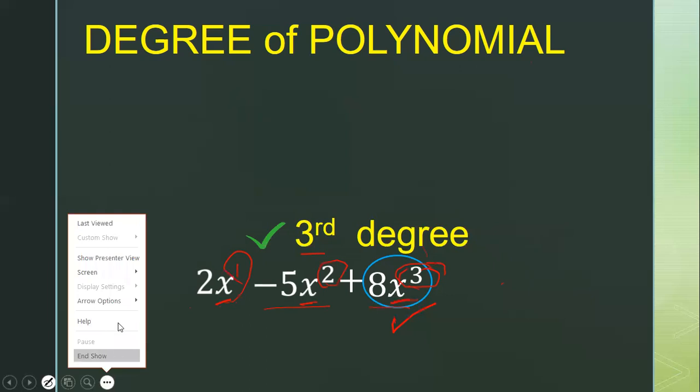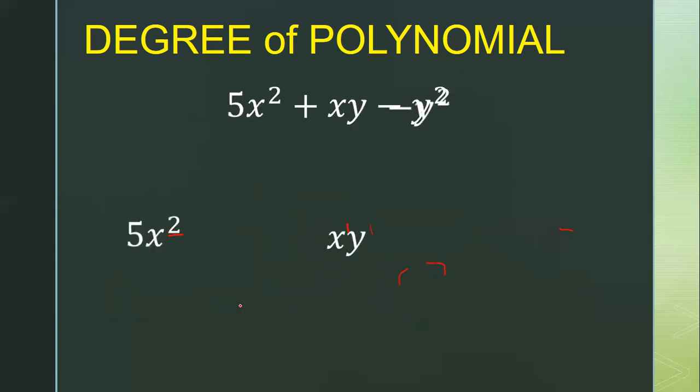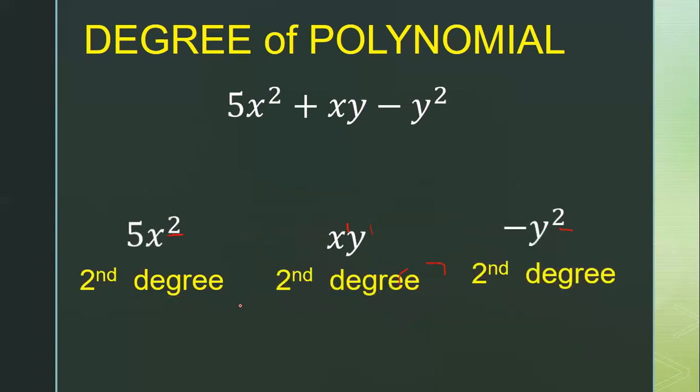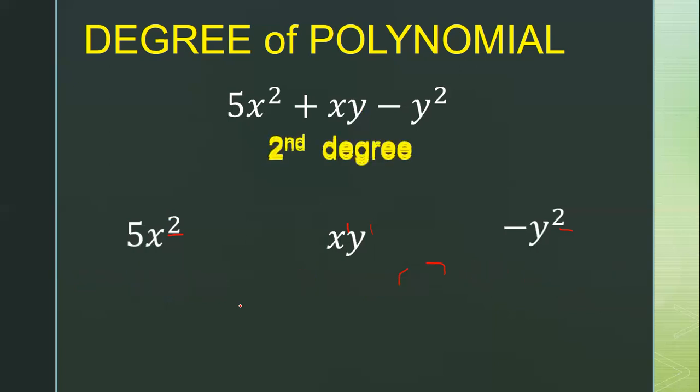Now, for our example 5x squared plus xy minus y squared, each term has the same degree. Therefore, there is no other option, second degree.